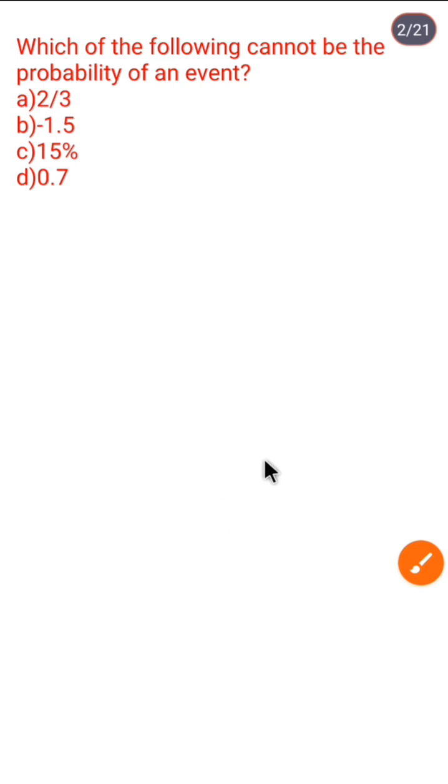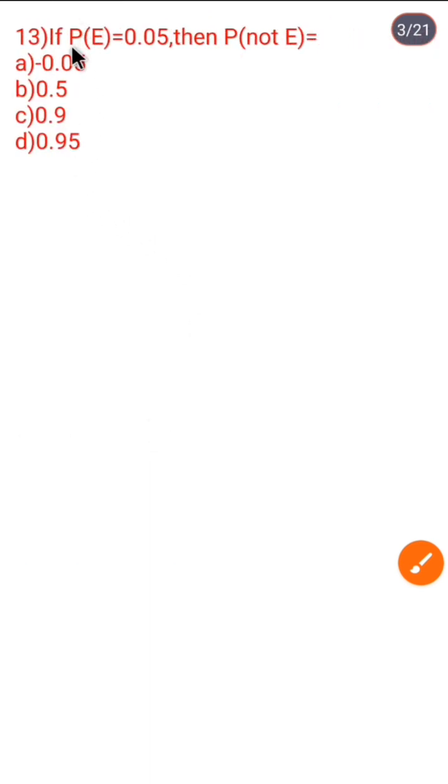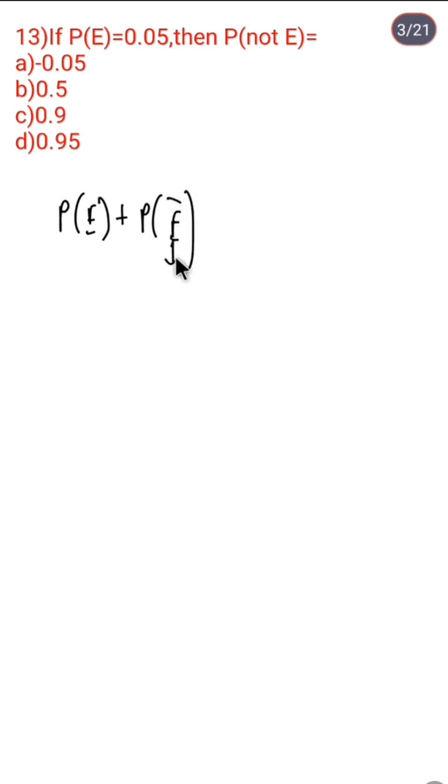So next question is, if P of E is equal to 0.05, then P of not E. As we know, P of E plus P of not E equals 1.